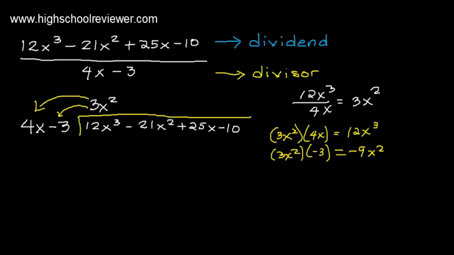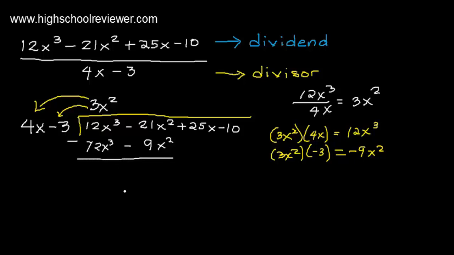And then we will put the terms that have the same degree on the same column. So 12x cubed, we will put on this column, and then the negative 9x squared on this column also. We need to subtract.